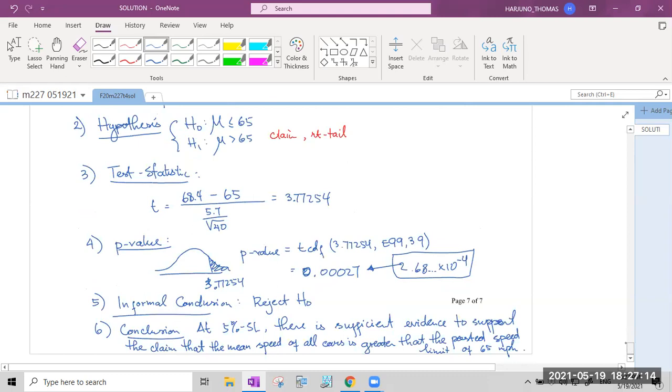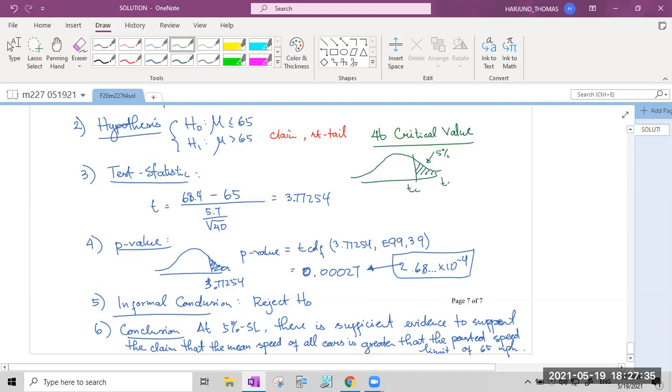Okay, extra credit. How about the critical value? T critical on the right tail, the area is 5%.